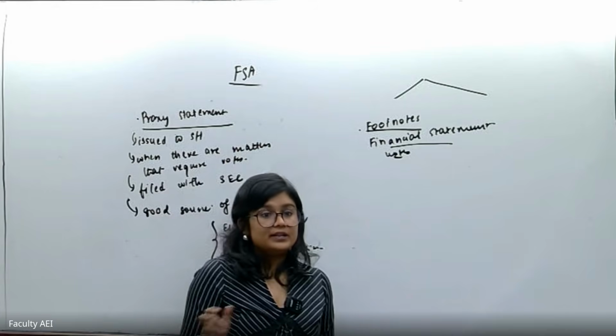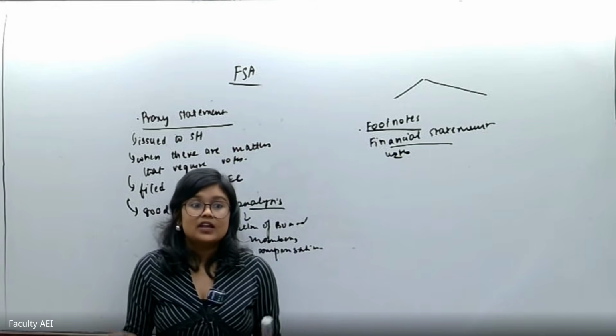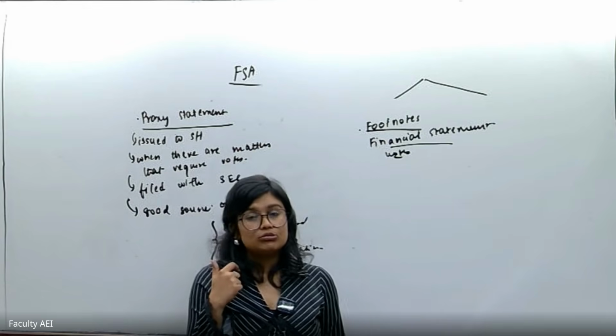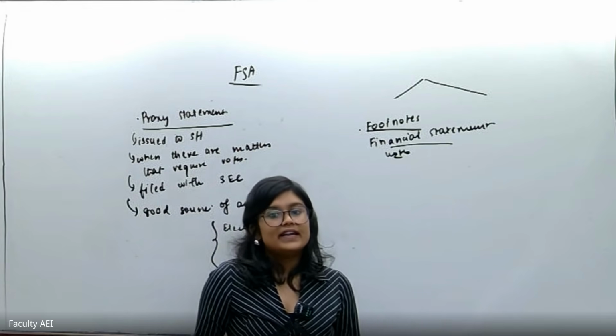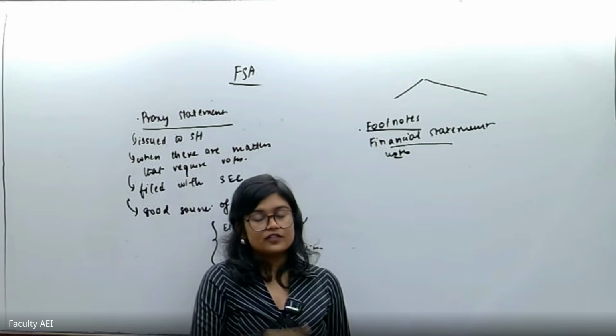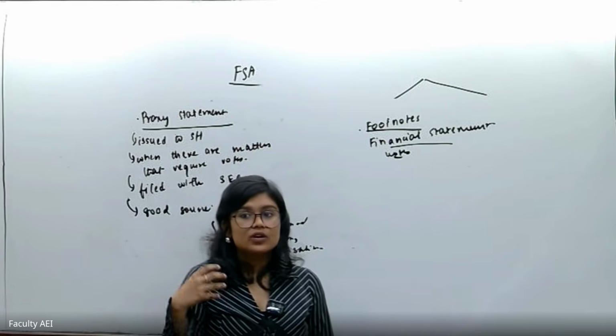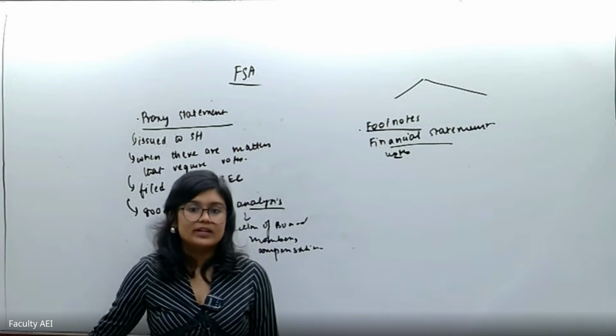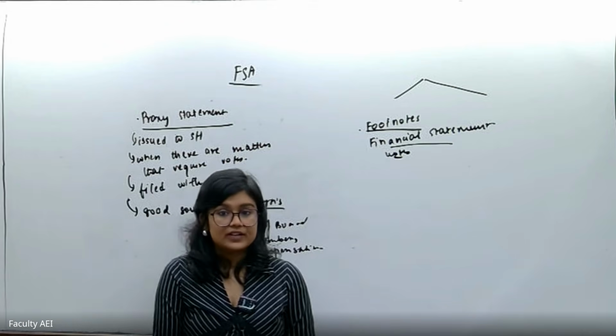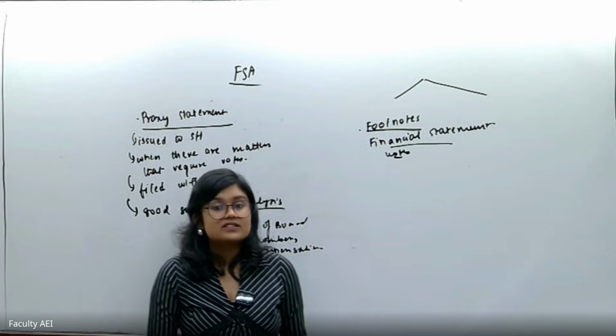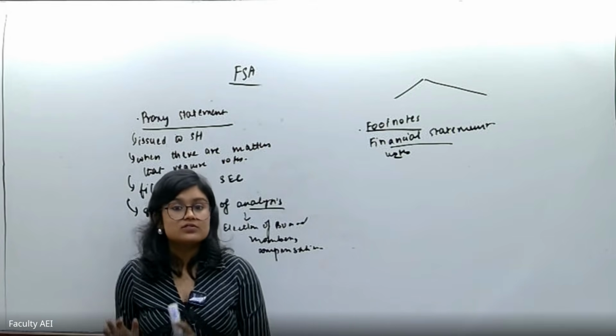Like when we'll be discussing cash flow statements, US GAAP would tell you that you need to file your CFF, cash flow from financing, in such a way, but IFRS would tell you that you can do it in such a way. So there would be certain differences, and according to these differences, your answers to questions would also differ.